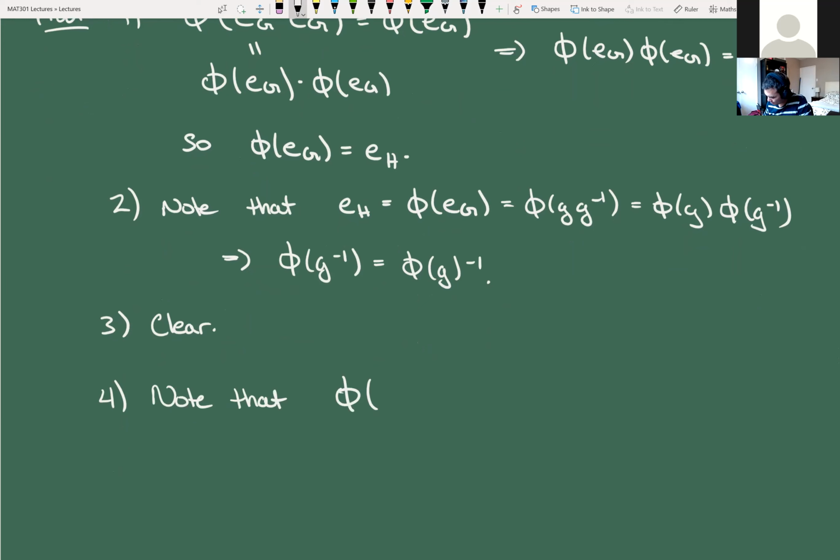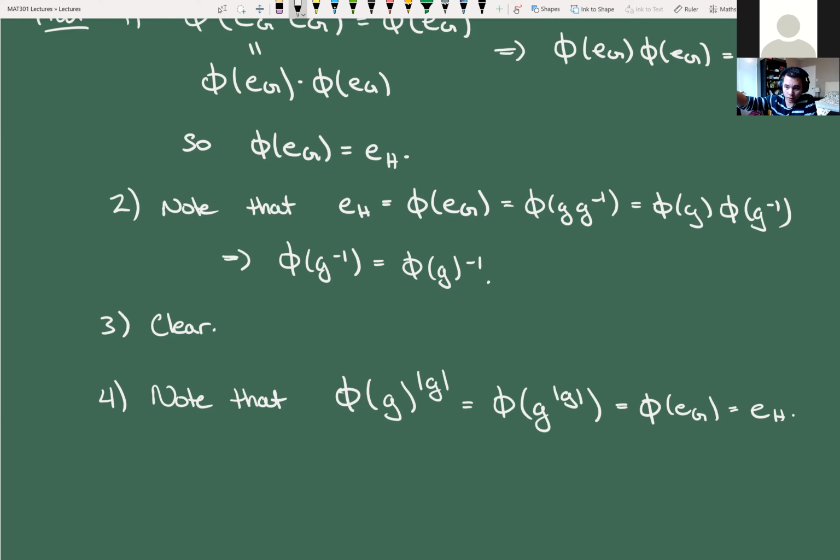Well, note that if I take phi of g and raise it to the power of the order of g, I can put the order of g inside, because it's an integer, and by part 3 you can take the integer exponent in and out of the homomorphism. Well, g to its order is obviously the identity. That's the definition of the order. So that tells us that phi of g to the power of the order of g is the identity.